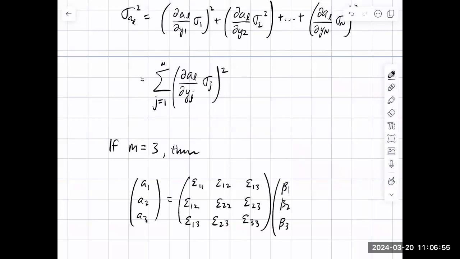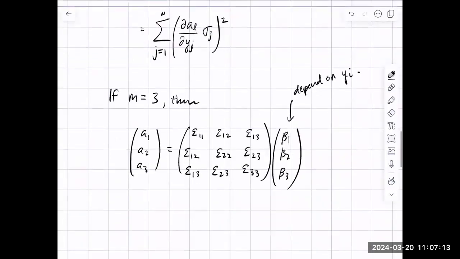And the beta matrix is where the y dependence will come in. So the beta elements depend on yi. Okay, so let's just write out some of the expressions that we would get. Let's say L equals 1.